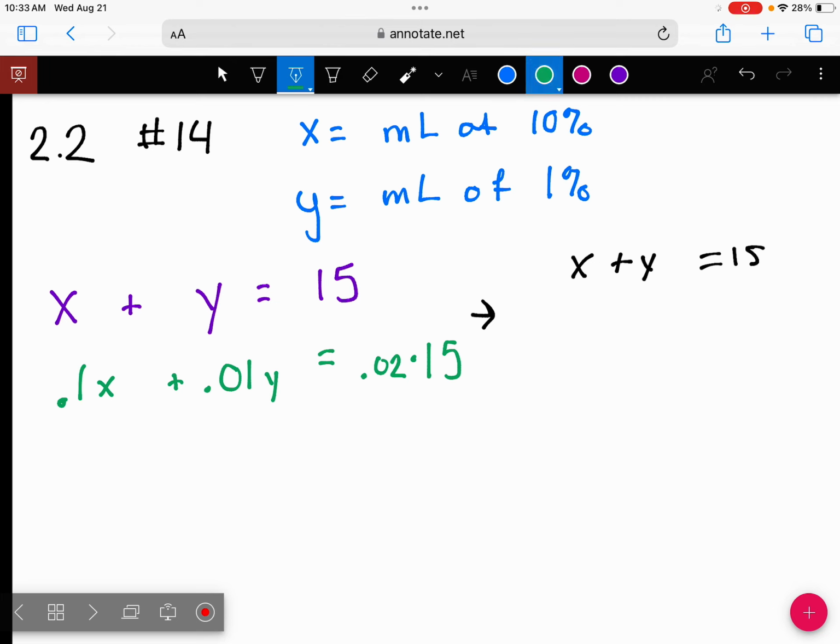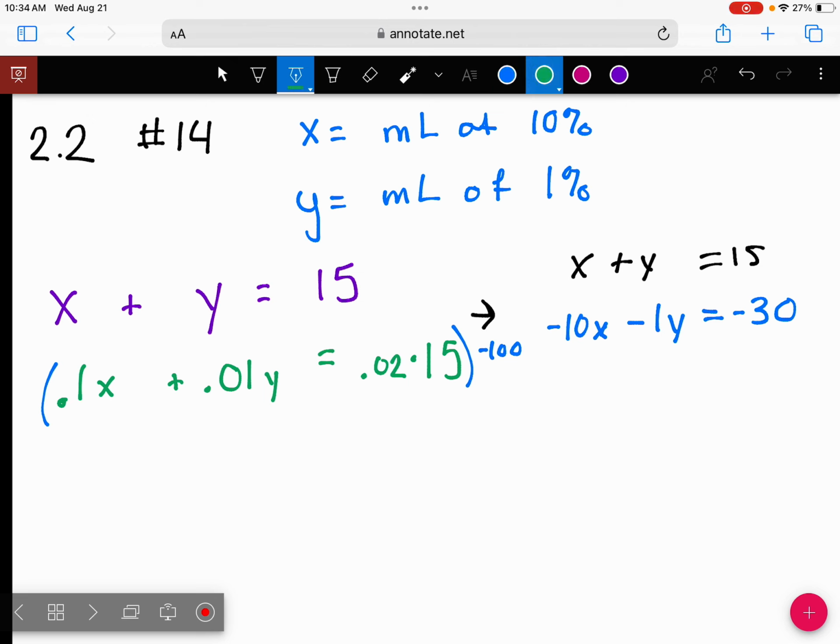If I multiply absolutely every piece of this one by negative 100, I'm going to have negative 10x minus 1y equals negative 30.